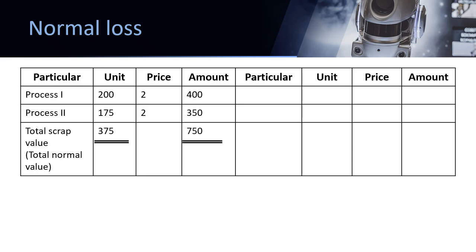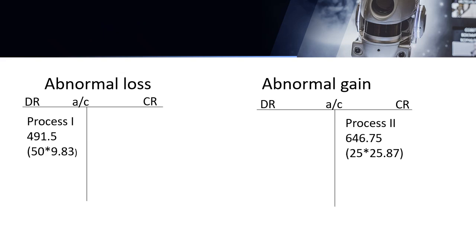Total scrap value unit is 375 and its total scrap value amount is 750. This slide shows the abnormal loss account and abnormal gain account. Abnormal loss account debit side shows process 1. Its amount is 491.5. Abnormal gain account credit side shows process 2. Its amount is 646.75.